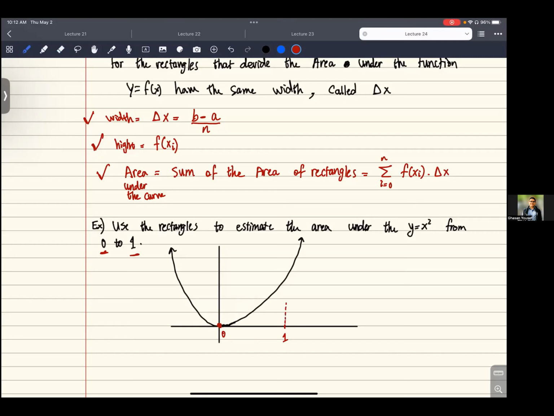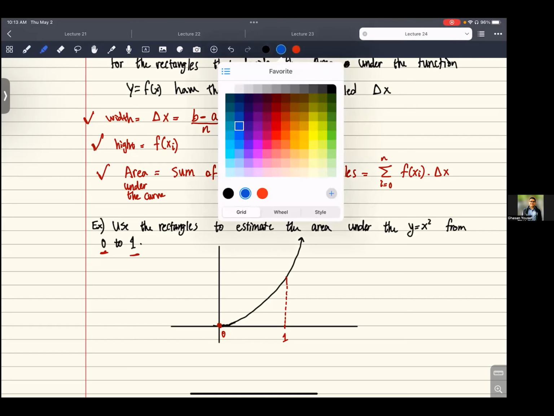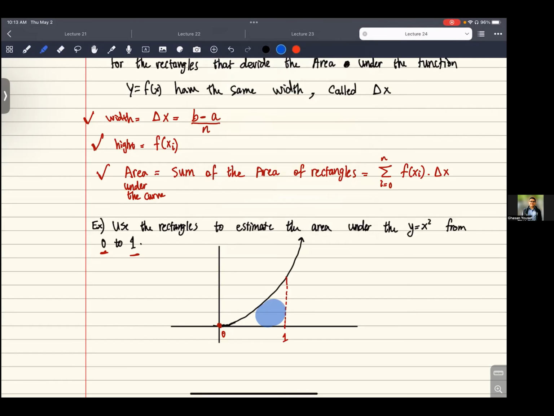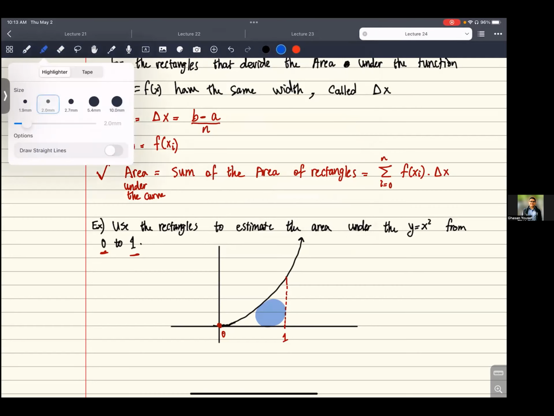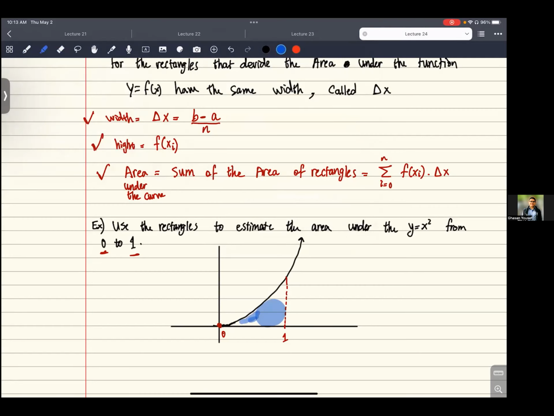Here's the 1. So what does that mean? The other side, we don't need it. So how can we find the area? By using rectangles. So again, using rectangles to find the area under this curve.